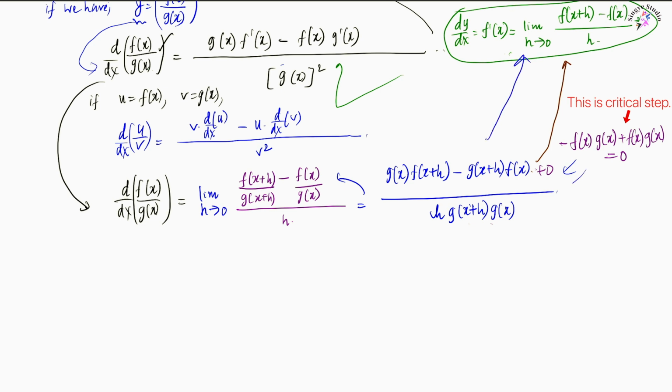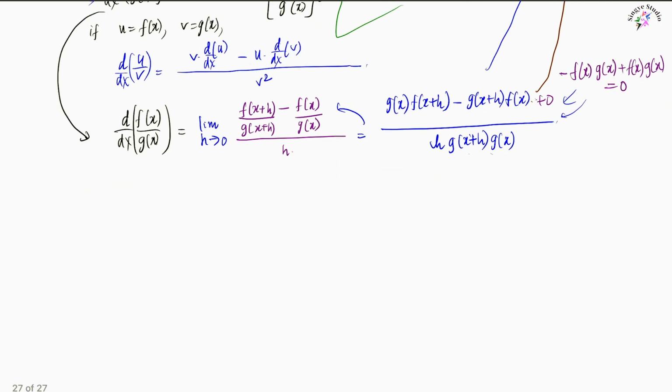So by incorporating this modification, this can be written as the limit as h tends to 0. Let's bring this here: 1 over g of x plus h, times 1 over h.